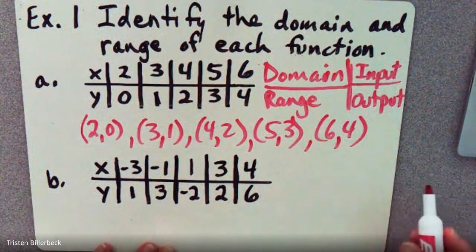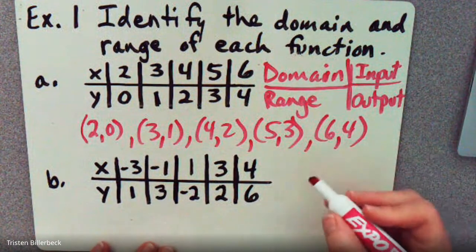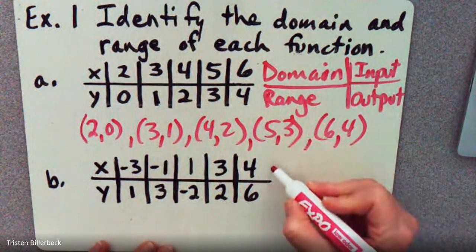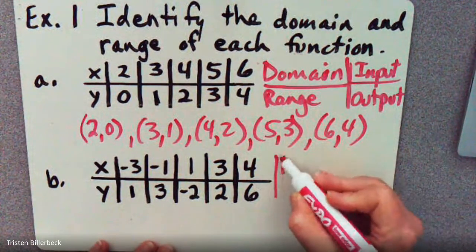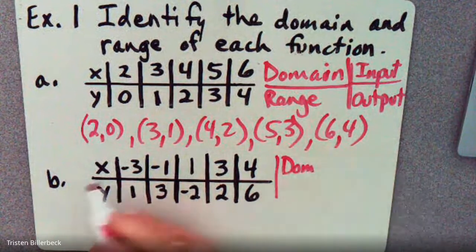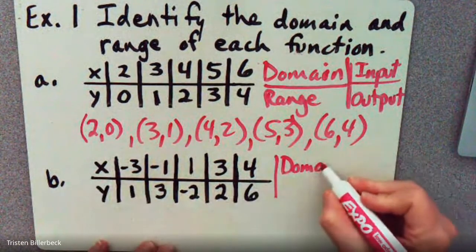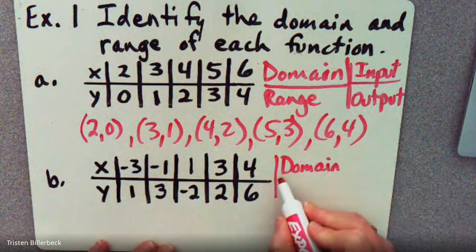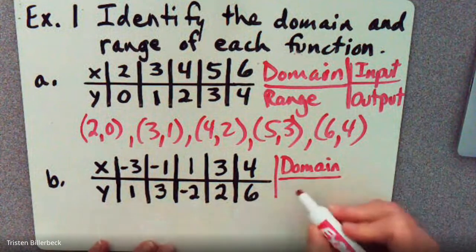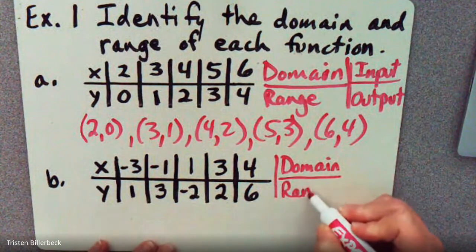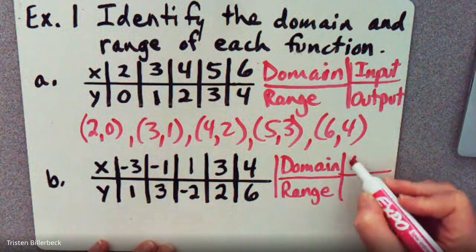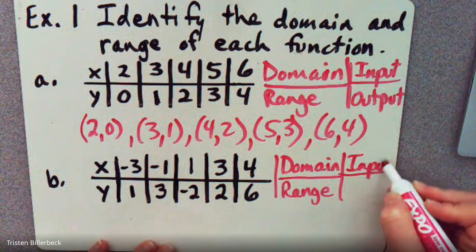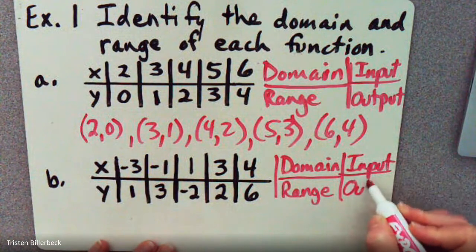Okay, so when we look at this, our domain is the top value because that's the x. So we have domain and the range, the y value, which depends on our input, is on the bottom. So we have input at the top and output below.